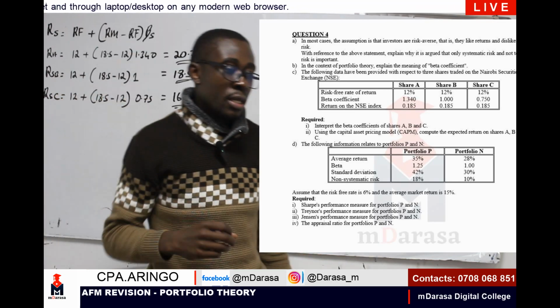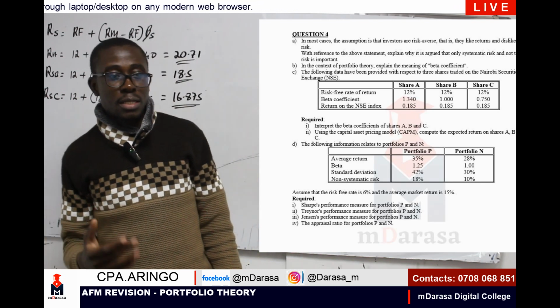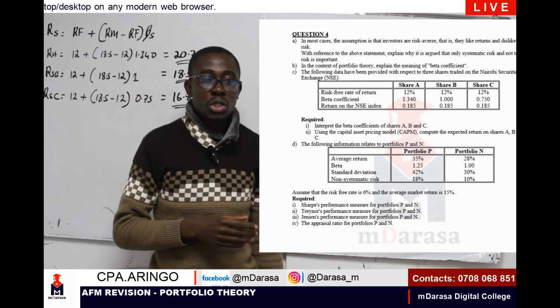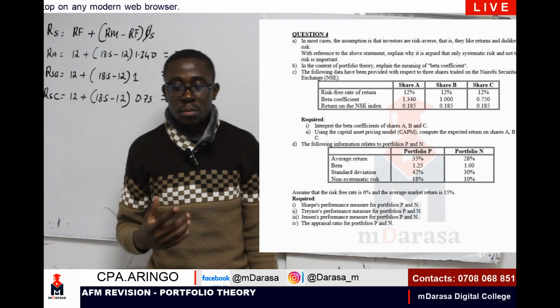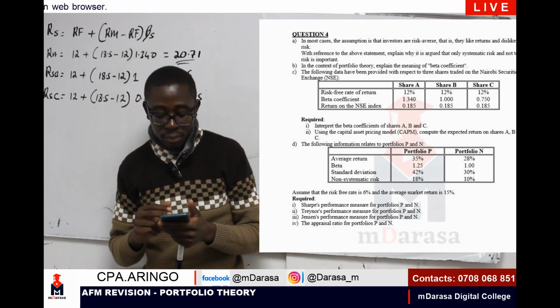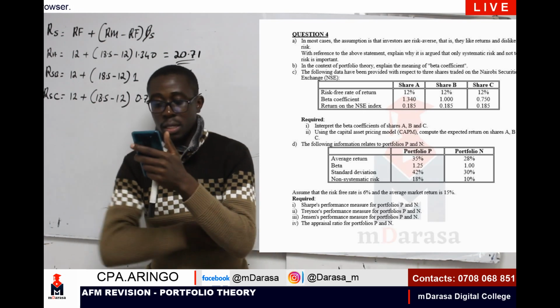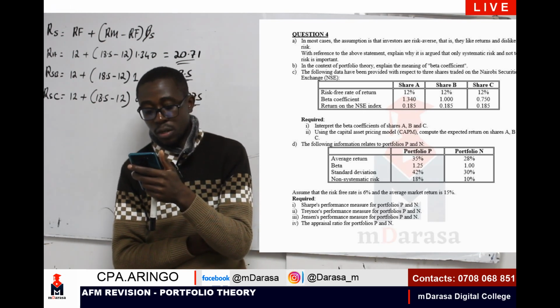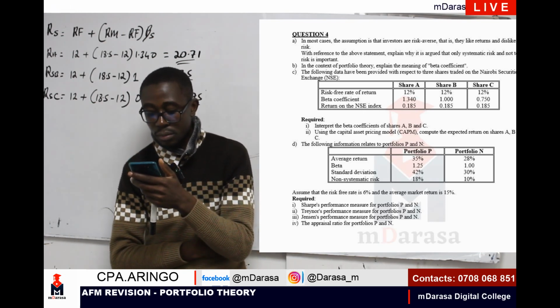Anytime you are given the unsystematic risk, even if you've not gone through the question, the idea that should always come to your mind is the concept of the appraisal ratio. So in this case, assume that the risk-free rate is 6% and the average market return is 15%.